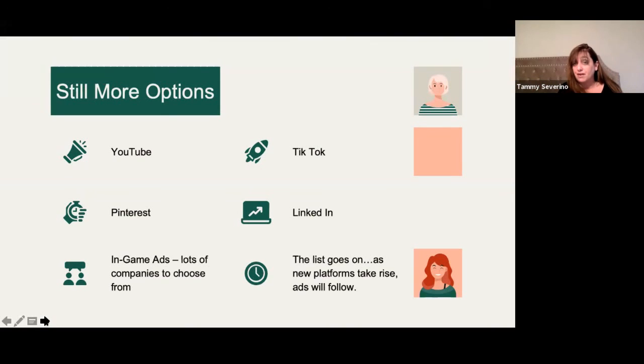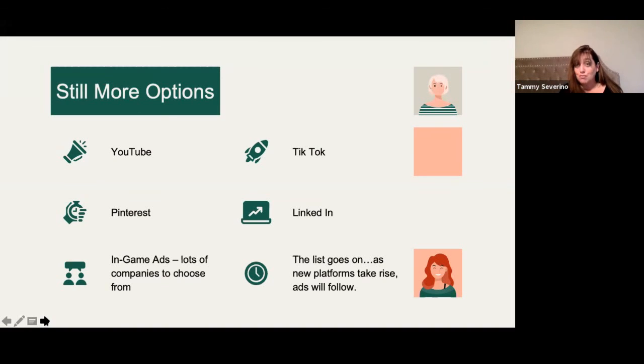It is a very effective tool to reach different demographics in a space when they're in a very happy mood, they're playing, and they go, oh, that's interesting, and they click into it. A lot of times those in-game ads are for other games, but oftentimes they are for products and services. So the list really goes on.